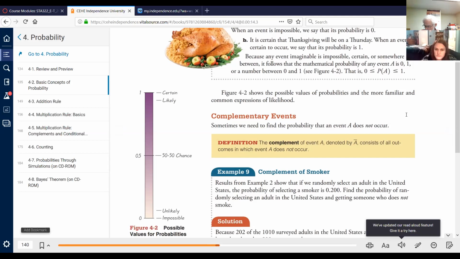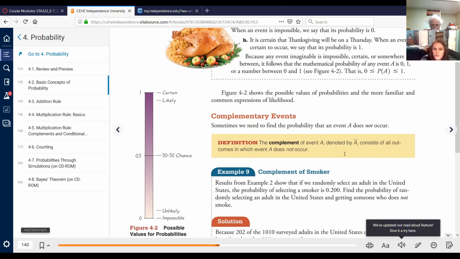So the probability of 6, P of 6, is 0.167. The probability of not getting a 6, which we call P of not 6, or the complement of the probability of 6, is 0.833. So we denote this by putting a line over.